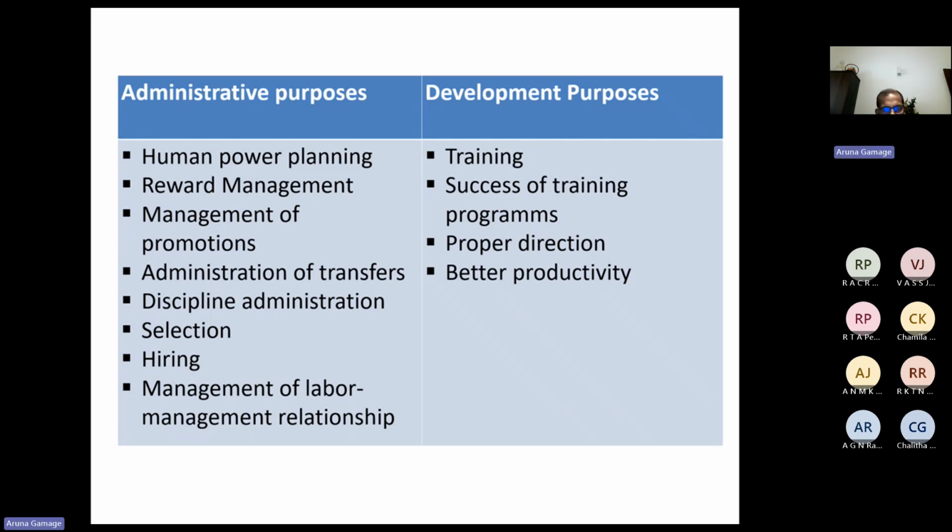How do you link performance evaluation with training? What is the connectivity? Any idea? You can relate performance evaluation with training and development. How? Anybody? Your senses are running out.